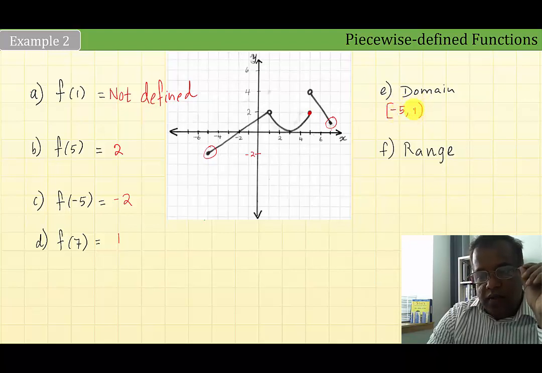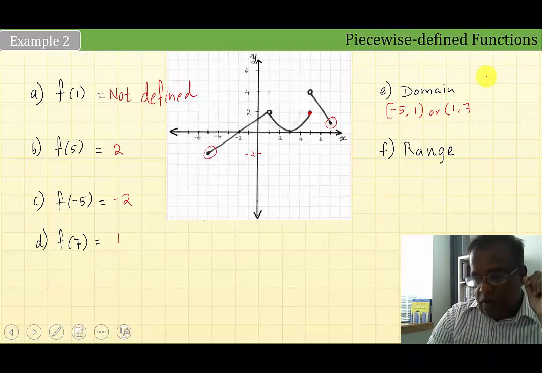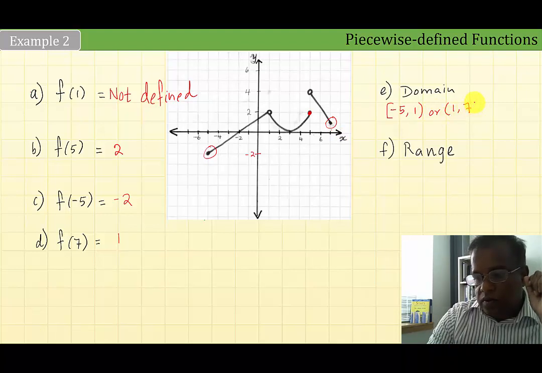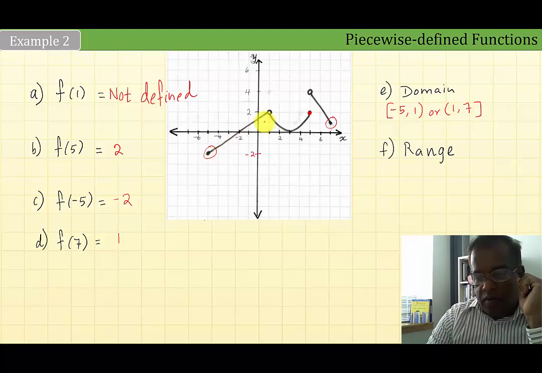From 1 to 5 there is a y value, and also from 5 to 7 there is a y value. So it goes from 1 to 7. So the domain is from negative 5 to 1 union 1 to 7, so 1 is excluded.